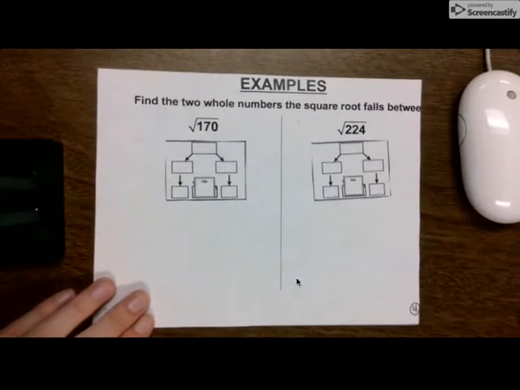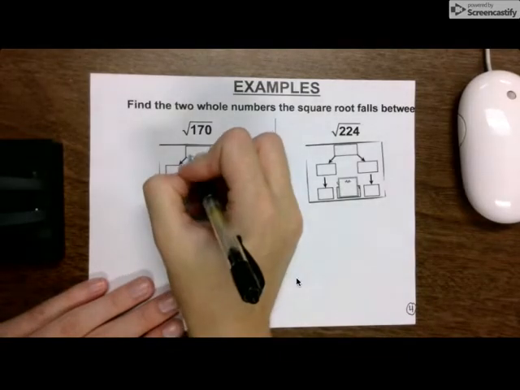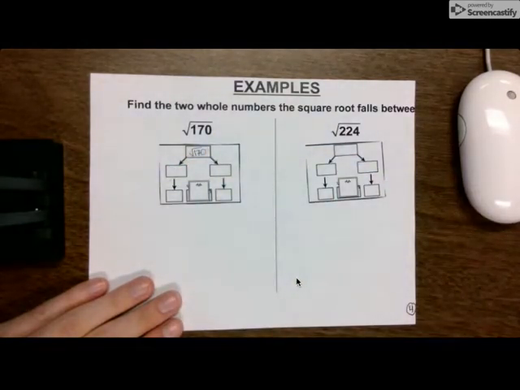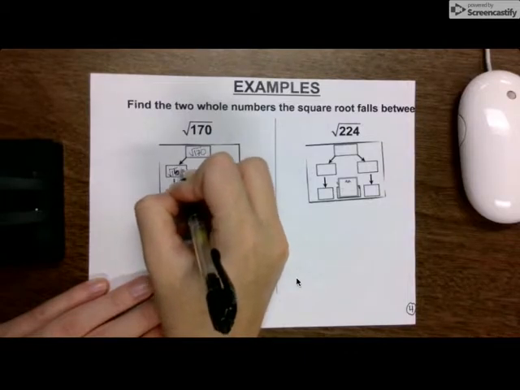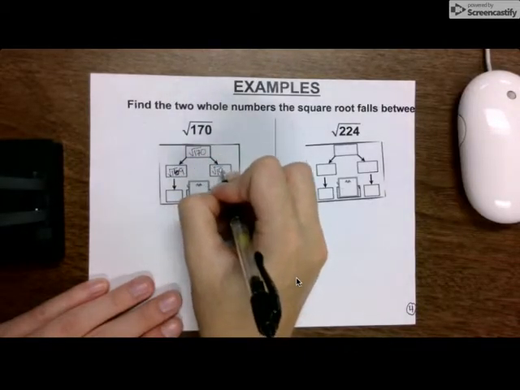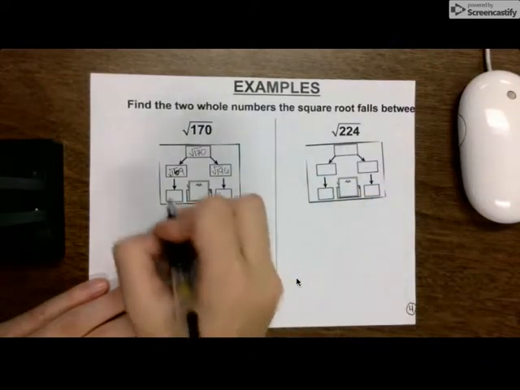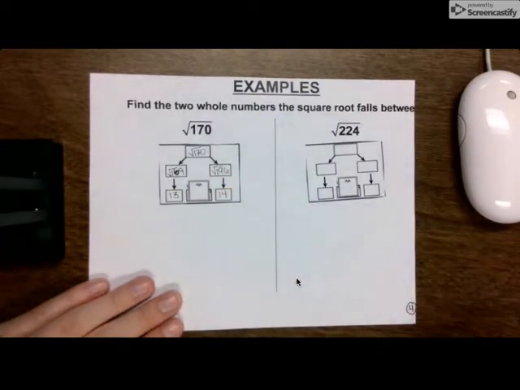The square root of 170 falls between which two perfect squares? 169 and 196. So this is in between 13 and 14.